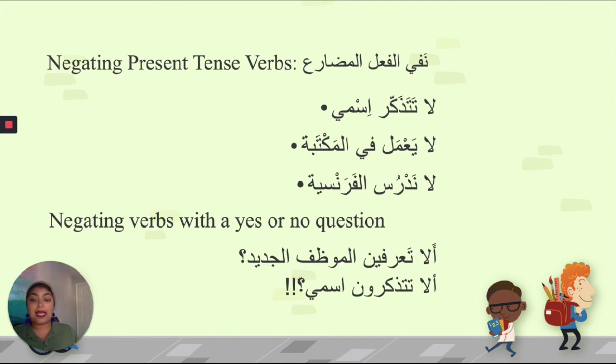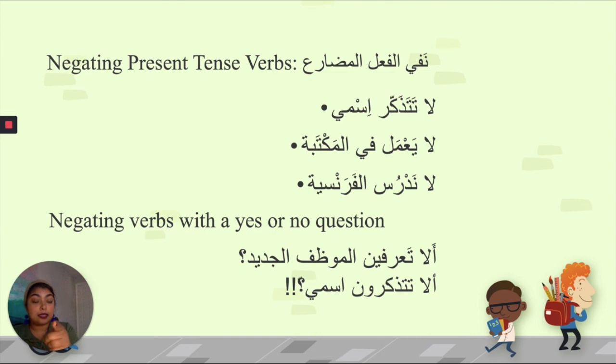Okay? And then you can actually use negation with a yes or no question. Meaning, don't you do this? Don't you know this? Don't you memorize this? Don't you work there? So when you want to start a question with don't, we say a and la. So instead of using hal, we just use a. Ala. Ala means don't as a question. ألا تعرفين الموظف الجديد?